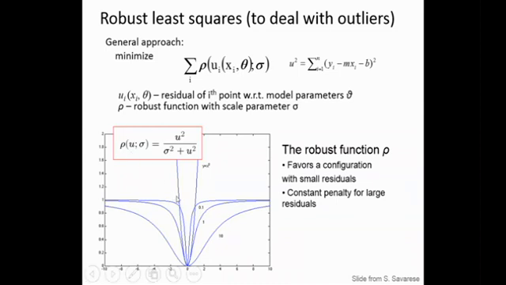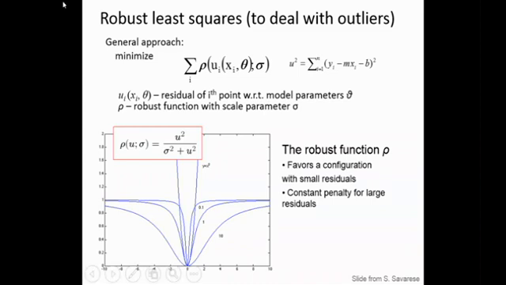These losses basically say that the most you'll ever pay for an error is 1. So if your point is like 4 off from the model, then your error is approximately 1. And if it's 500 off from the model, then your error is still approximately 1. So you pay a price for not fitting a point, but that price doesn't go to infinity as the error increases.